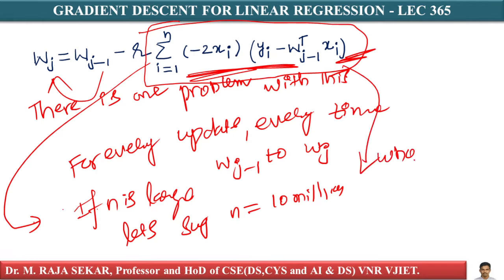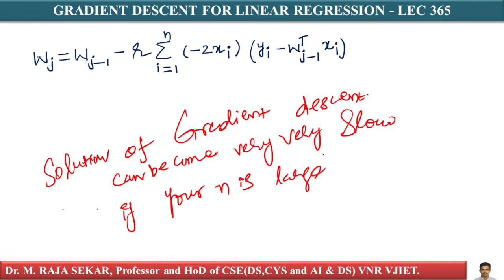Gradient descent can become very, very slow if your n is large, isn't it?